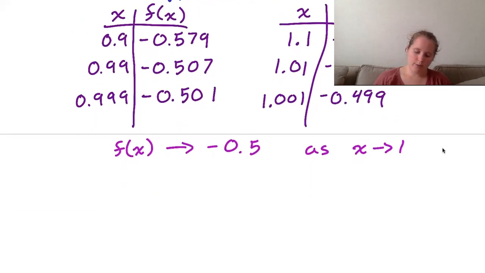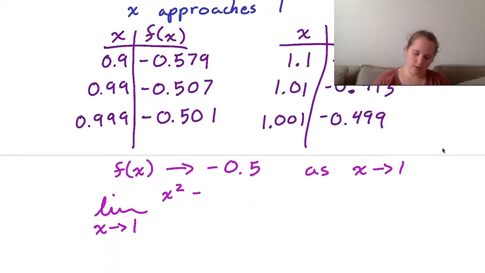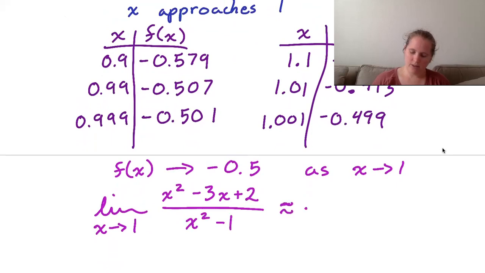Our statement would be that the limit as x approaches 1 of x squared minus 3x plus 2 over x squared minus 1 is, we are approximating it to be, negative 0.5. So this is how we can go about approximating limits, either by looking at a graph or by just evaluating what is happening close to that x value.